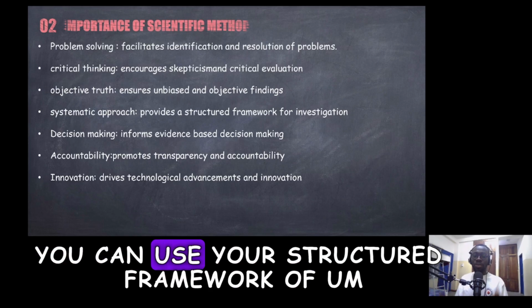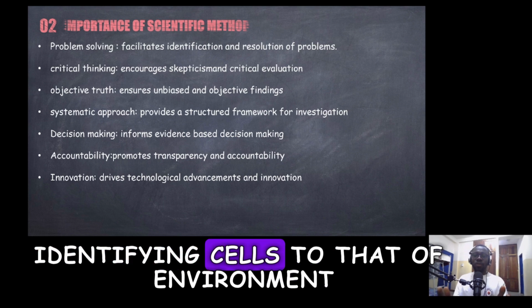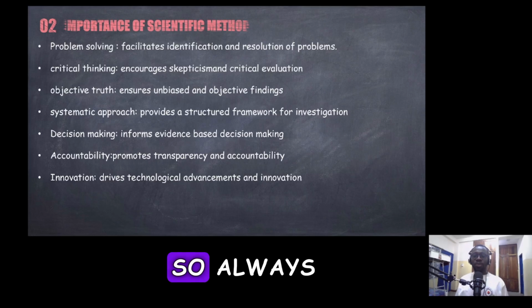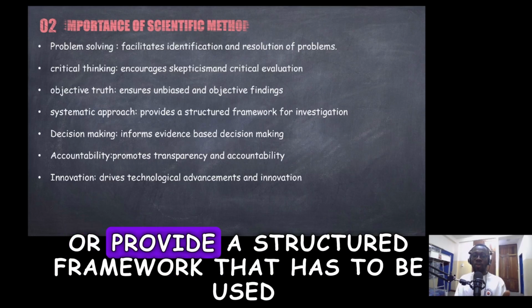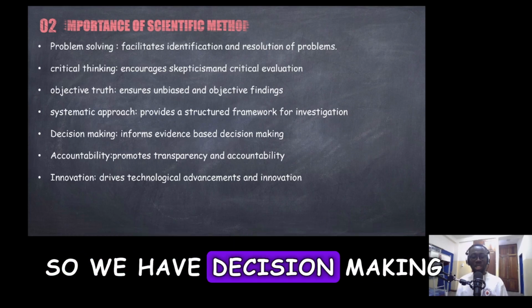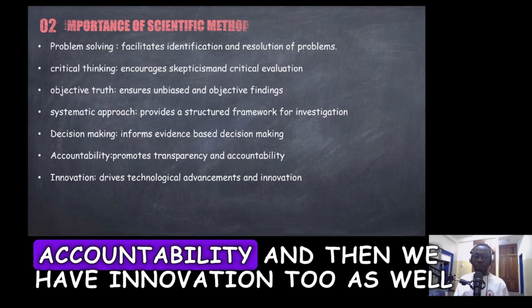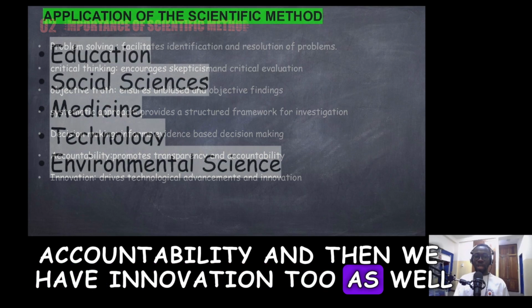There is no way you can use your structured framework of identifying cells for that of the environment. So always the type of investigation will provide the structured framework that has to be used. So we have decision making, accountability, and then we have innovation as well.